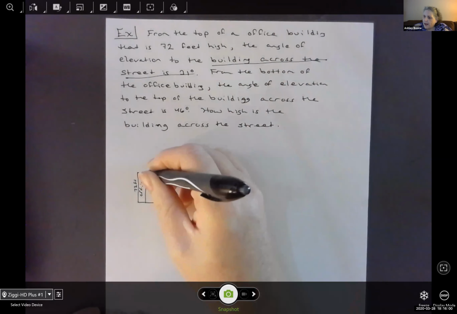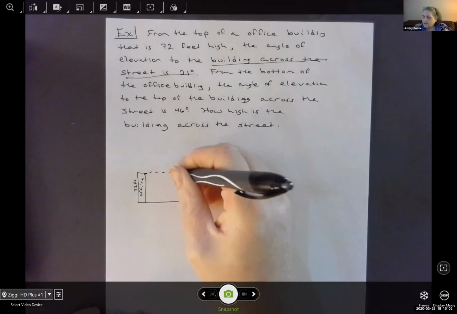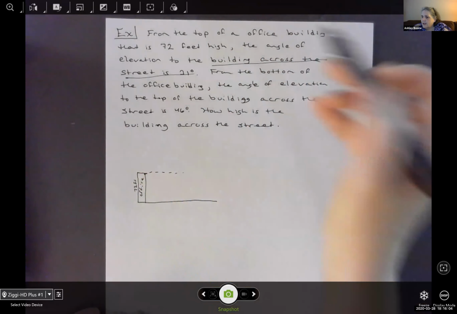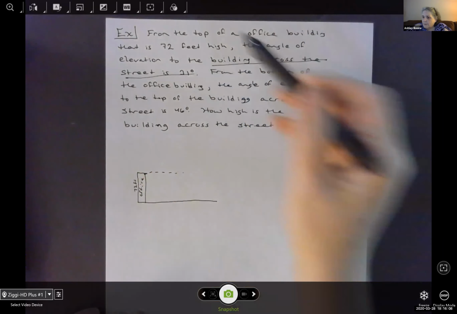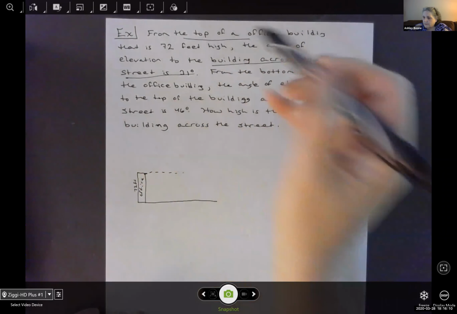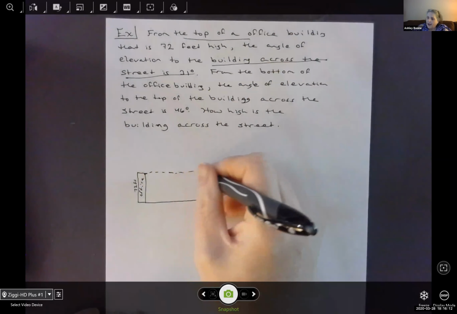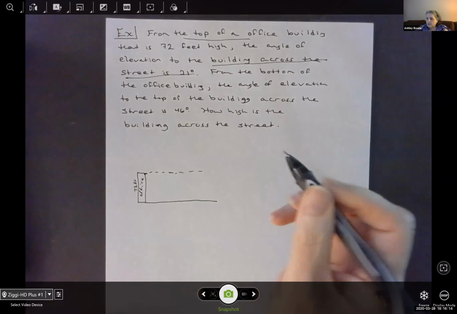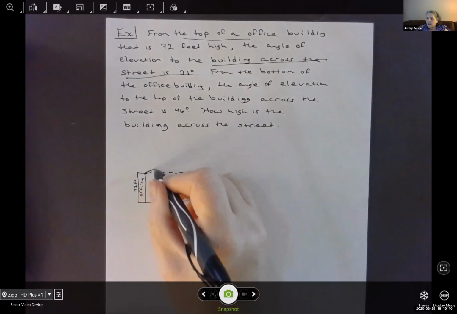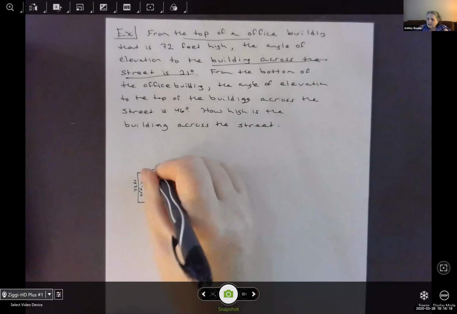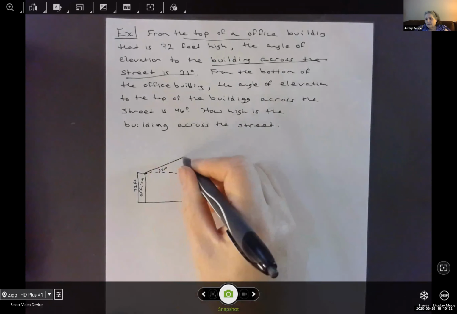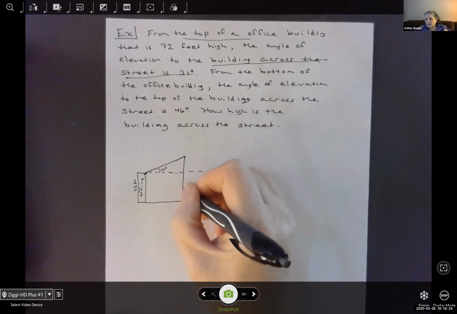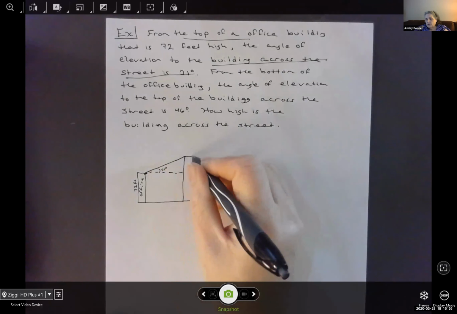So remember what angle of elevation is. The angle of elevation to the building across the street from the top of the office building goes up by 31 degrees. So our 31 degrees is right here. That's really telling us that this building across the street is taller because we're having to go up to it.